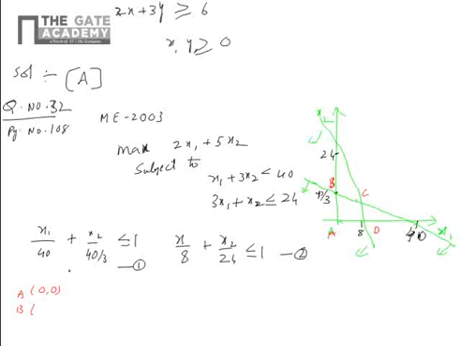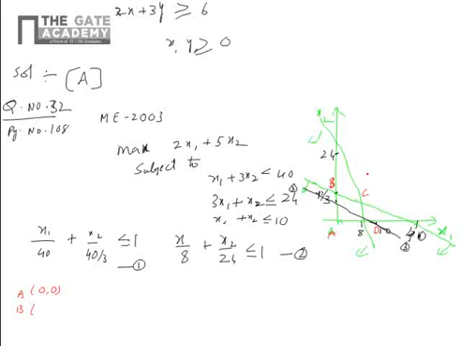Oh sorry, another constraint is there, which is given: x1 plus x2 less than or equal to 10. So that will come here, 10, here 10. So that constraint will come here. Equation 3.